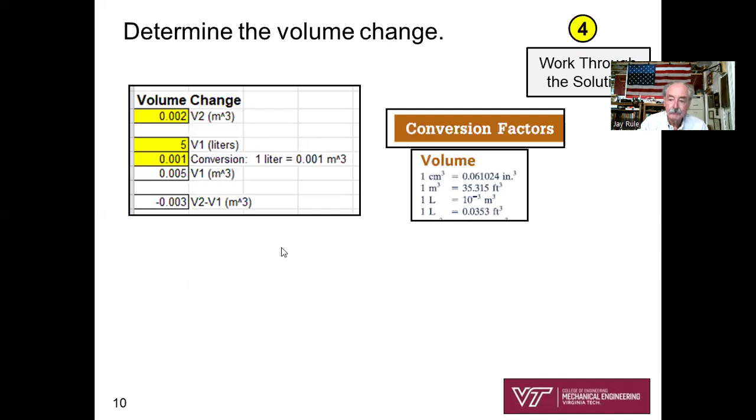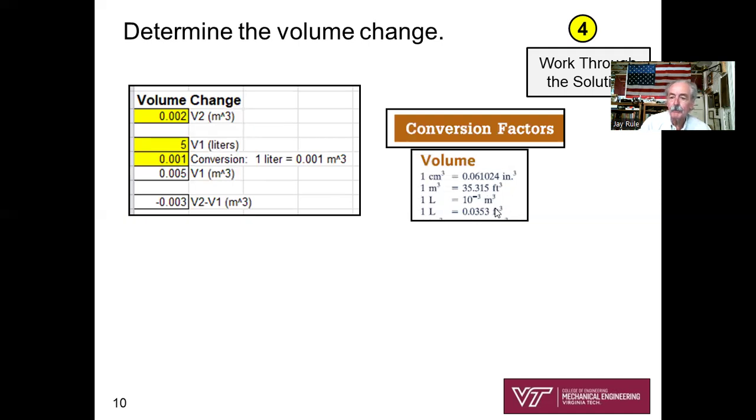All right. Volume change. That's pretty easy as long as we keep our units straight. Given V2, 0.002 cubic meters. Let's stick in cubic meters as our units. V1 is 5 liters. I made a little screenshot of that one page of our conversion factors to see that 1 liter is 10 to the minus 3 cubic meters.